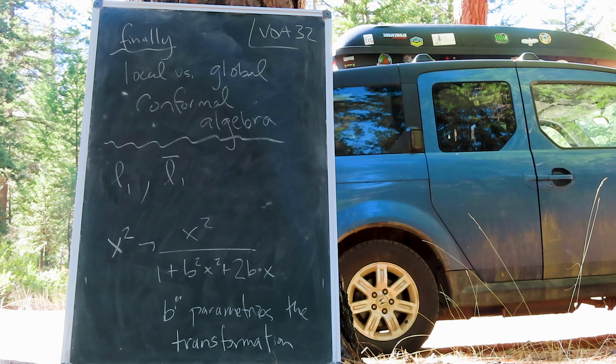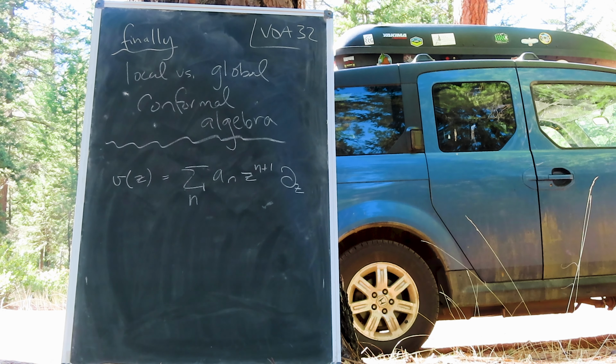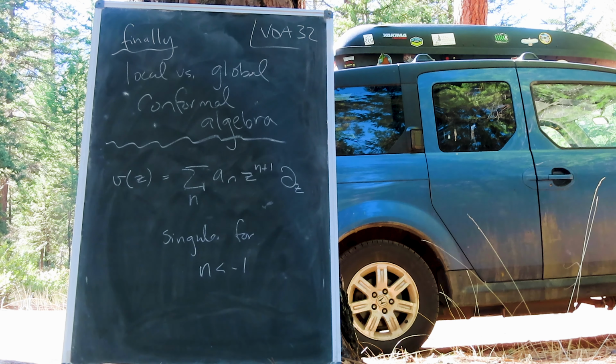They're a little complicated to write down, but, integrated, they look something like this, where here the vector b parameterizes the transformation. Now, why focus on these special transformations? Well, any vector field generated by L operators with n less than -1 is manifestly singular, so they cannot represent global symmetries.